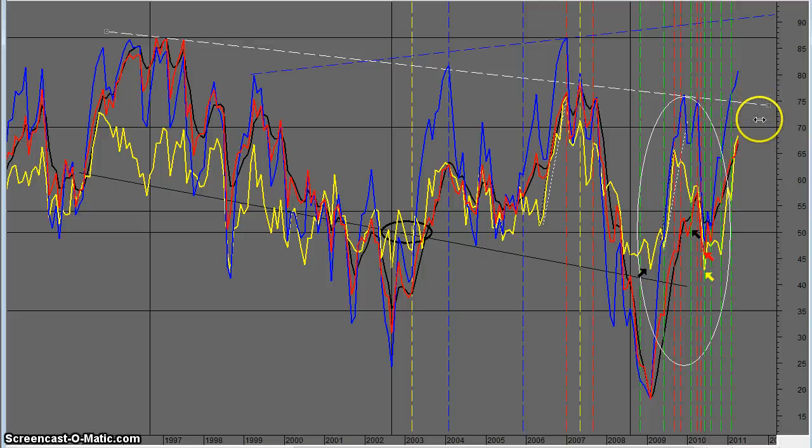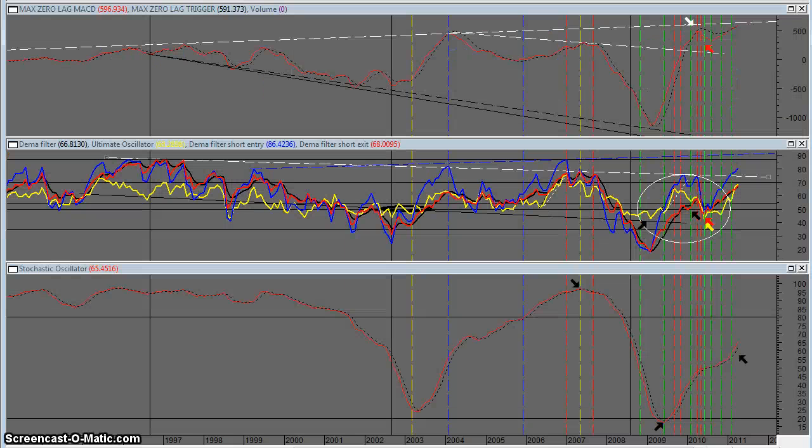It could go to 75 on this before it turns down, but that DEMA has still got quite a way to go if it's going to get back up to the 87s like it's done in the past. But because these are definitely sloping down, I'd be looking for a turn around about there. Whether it's a major or a minor, yet to be seen. That SCOF's still got a fair way to work and move on that as well.